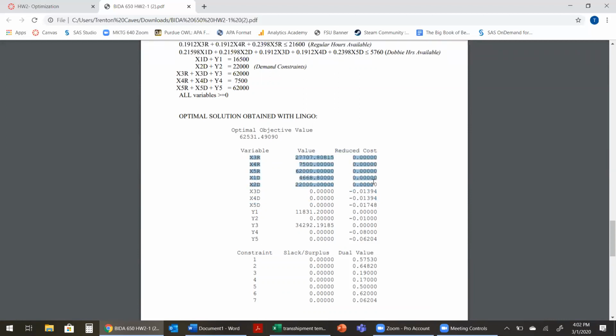And fabrics 1 and 2 are being produced on Adobe looms. And then B is how much of each fabric is being purchased. And that's our Y variable values. We're purchasing 11,831 yards of fabric 1 and 34,292 yards of fabric 3.